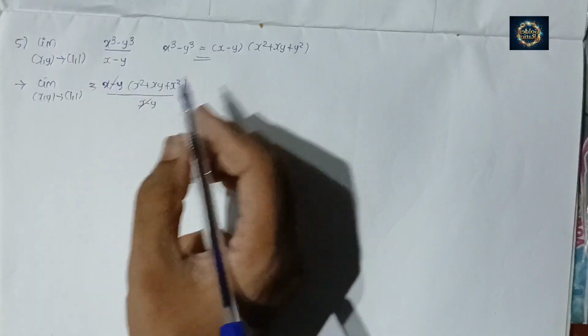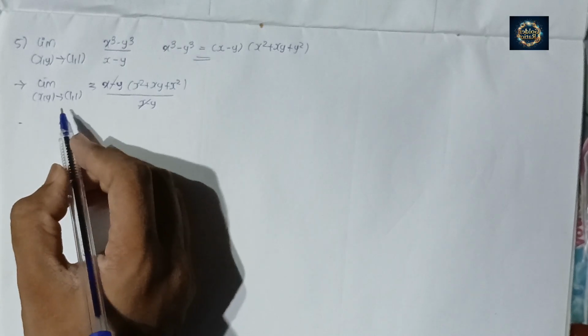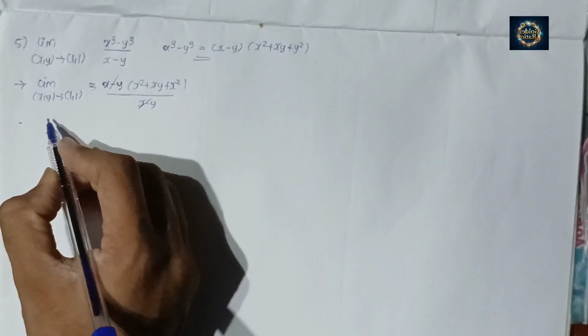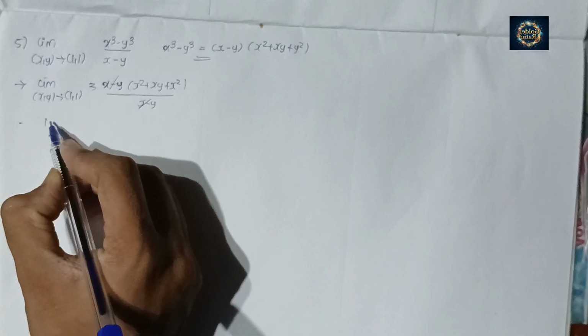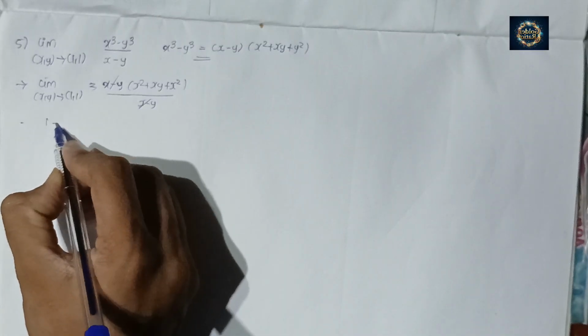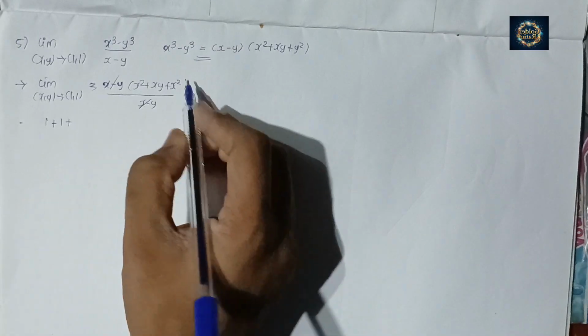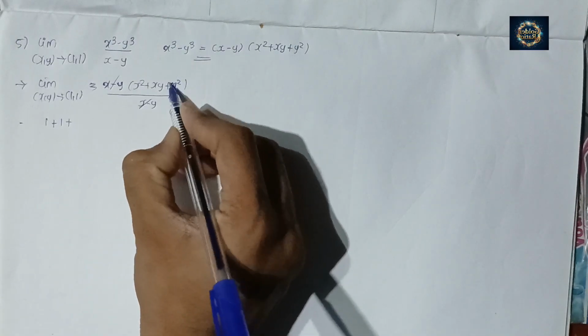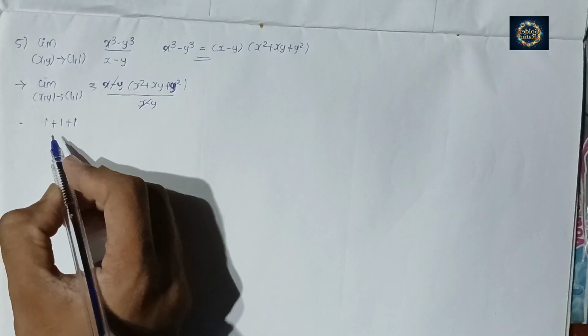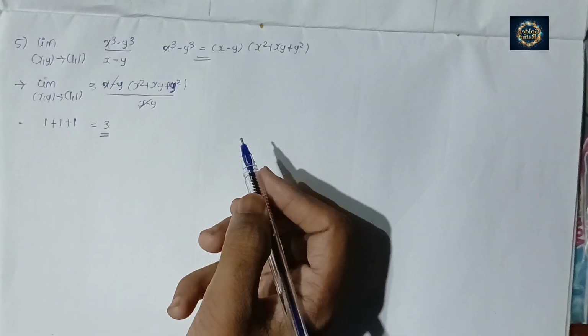So this gets canceled out. Now I can substitute the limit values. What will it be? x square is 1 square, which is 1. So 1 into 1 is once again 1. Then y square, which is also 1. So the answer we are getting is 3.